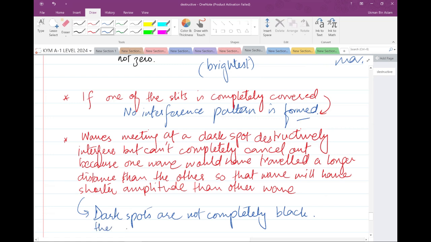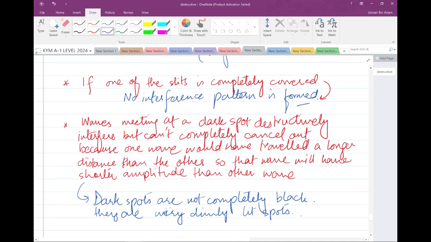They are very dimly lit spots, but their intensity is non-zero. At dark spots, the intensity is non-zero.